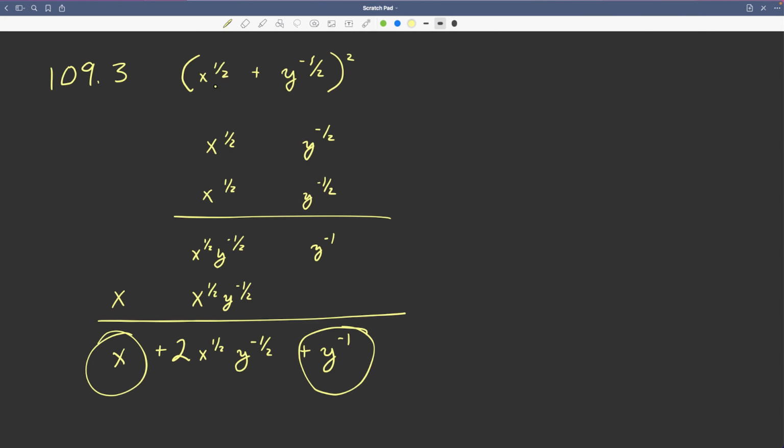And if you multiply x to the 1/2 times y to the negative 1/2, you get this one. And if you just do it again, you just double it, then you would get your middle term. So you can do it like that, but it's about the same amount of work as stacking it and doing the distribution anyway. So why not just do the stacking method or just do the distribution if it's going to be the same amount of work and the same amount of steps.